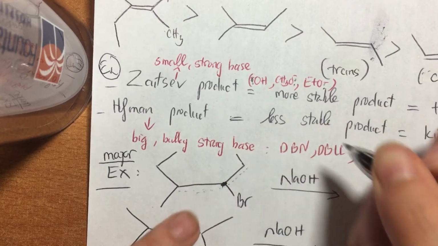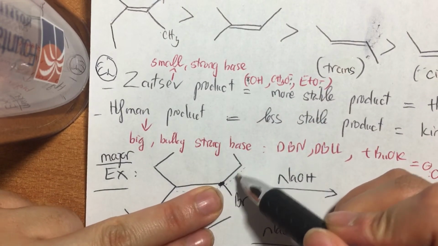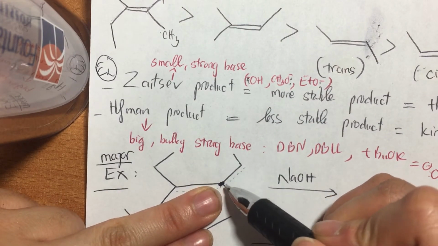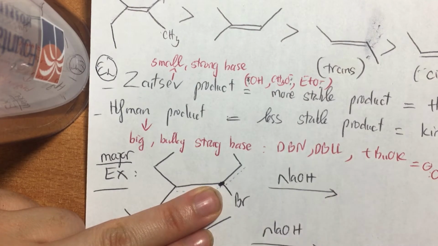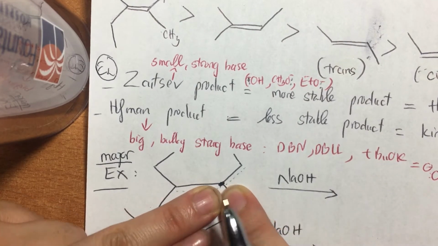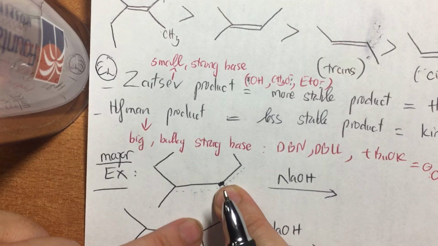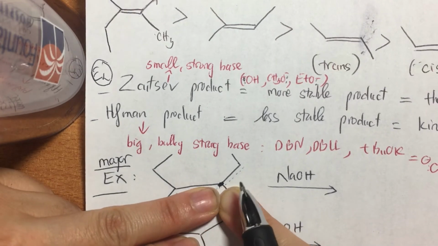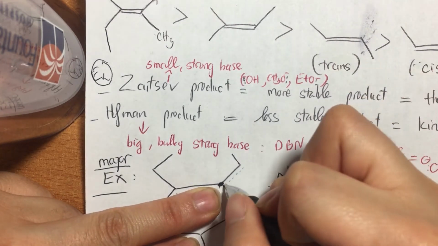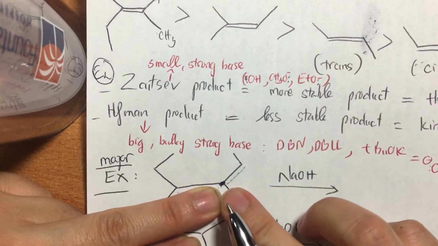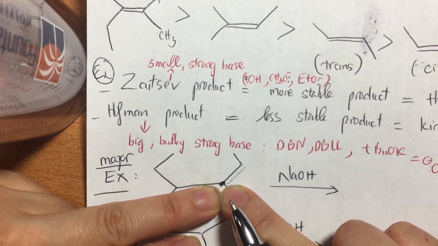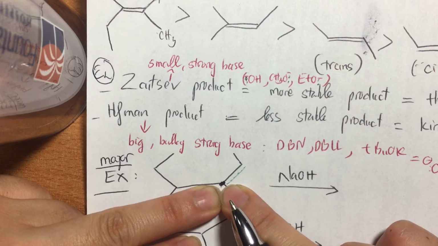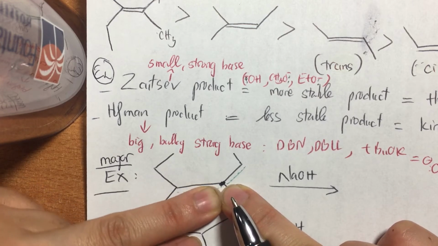So let's take a look. If I have my double bond forming this side, I will get a bi-substituted product, right? Imagine that if you have a double bond forming right there, then you will have a bi-substituted product.